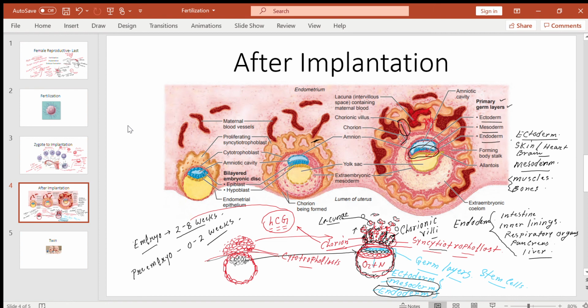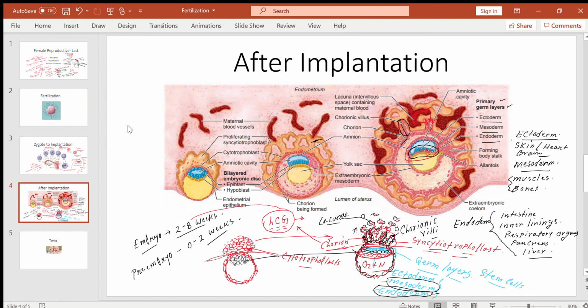And this hormone can be detected in the urine or in the blood of the mother who just got pregnant. At about 10 days after the fertilization, this hormone starts to get released and is found in the urine or in the blood.